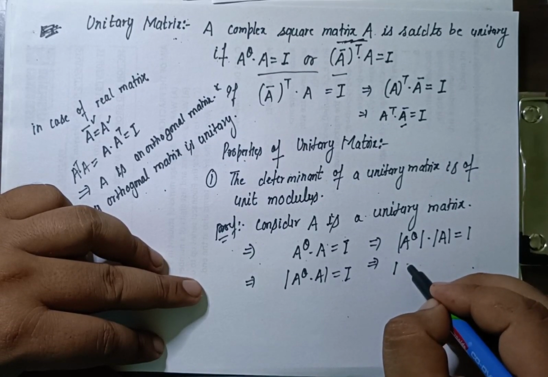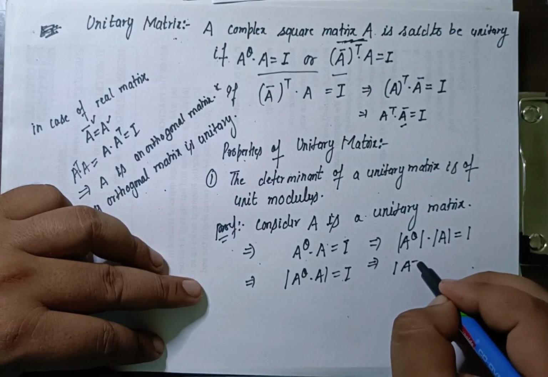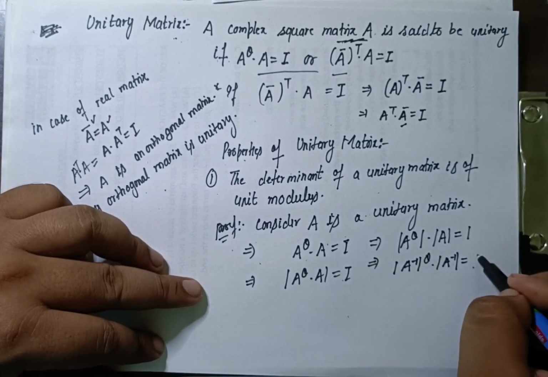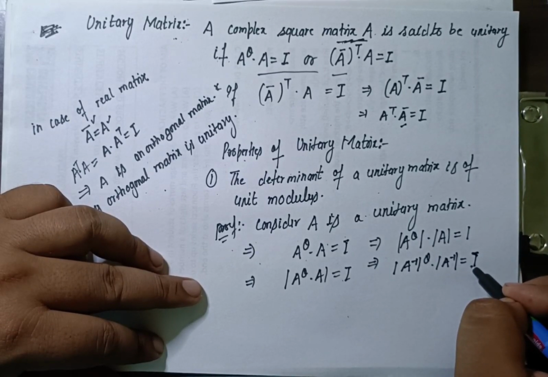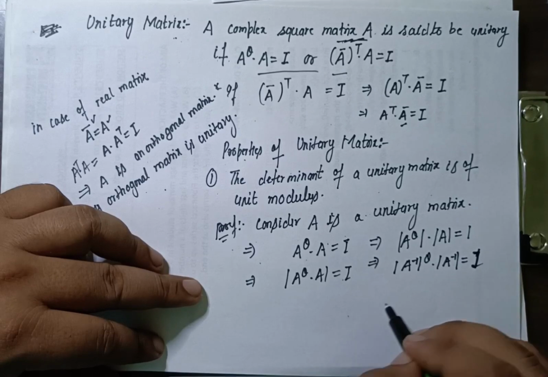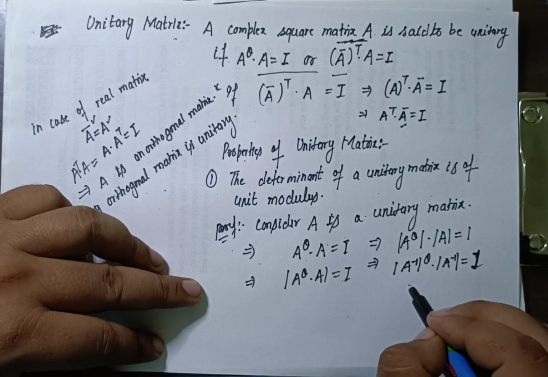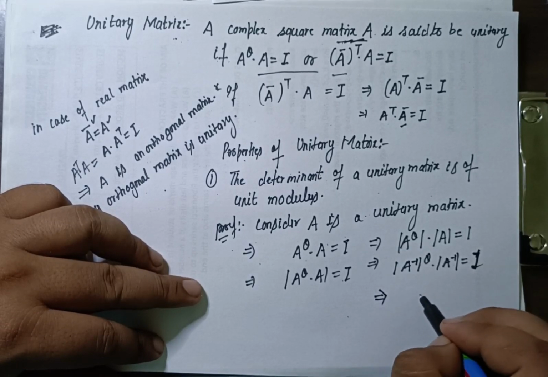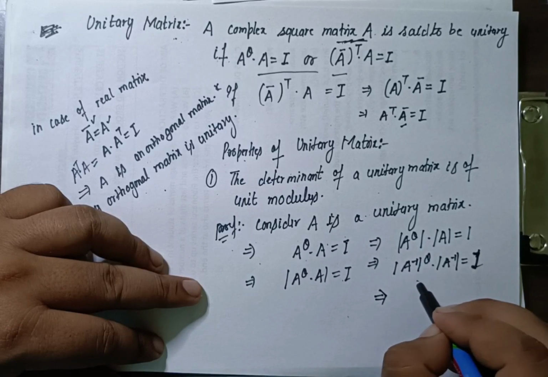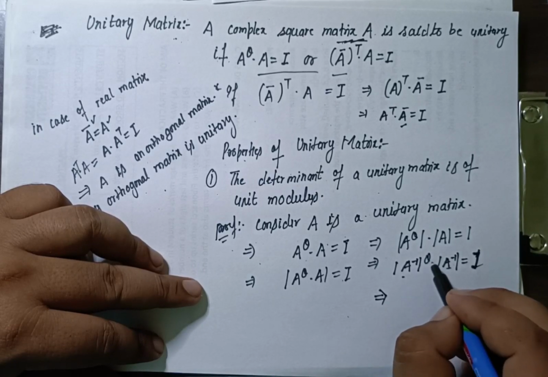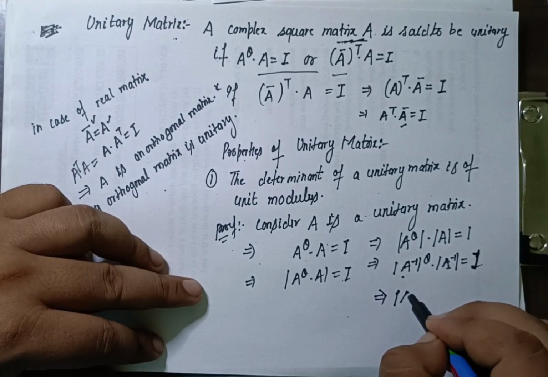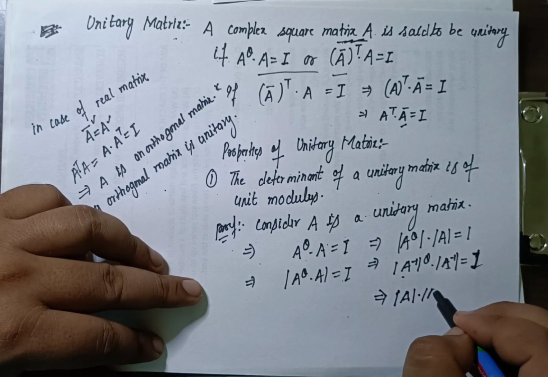So here you can say A inverse conjugate transpose into A inverse is equal to the inverse of the identity, which is again identity, that is 1. And this implies that the determinant of this conjugate transpose, A conjugate into A.